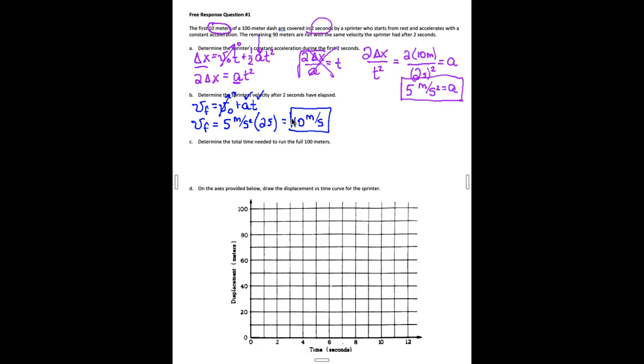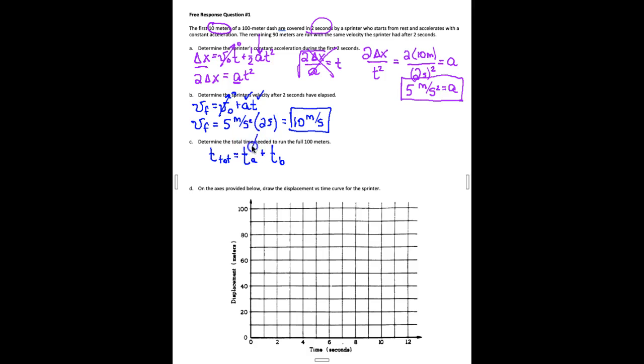Part C goes on to ask, what's the total time needed to run the full 100 meters? The time I'm looking for, the total running time, is equal to the time elapsed during part 1, the acceleration period, which I'll call t A, plus the time required for the constant velocity portion, which I'll call t subscript B, the constant speed time.